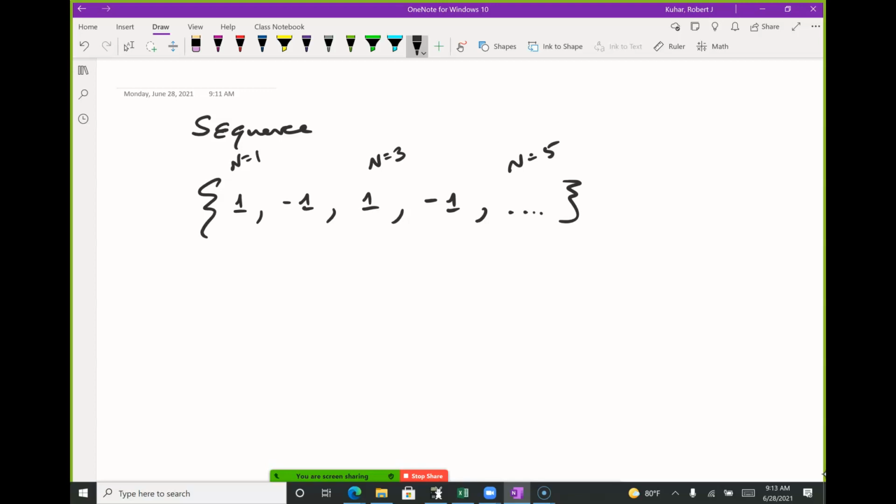Typically I'm going to use this thing called 2n plus 1. Does that work for me here? Give me 1 second. So negative 1 to the 2n plus 1.